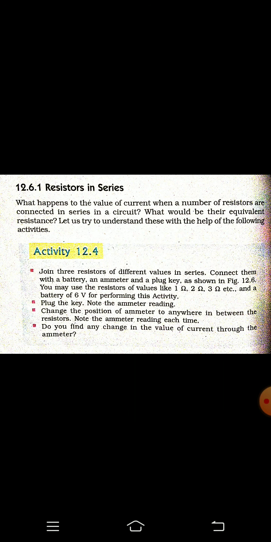You may use resistors of values like 1 ohm, 2 ohm, 3 ohm, etc. and a battery of 6 volt for performing this activity. Plug the key, note the ammeter reading. Change the position of the ammeter to anywhere in between the resistors. Note the ammeter reading each time. Do you find any change in the value of current through the ammeter?